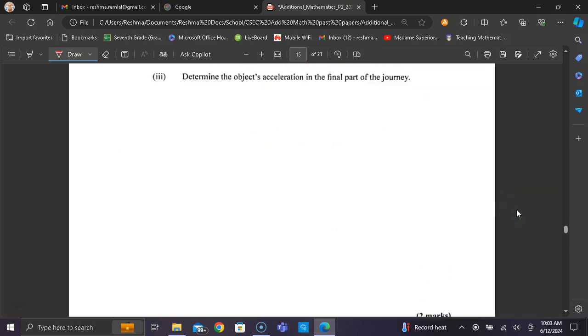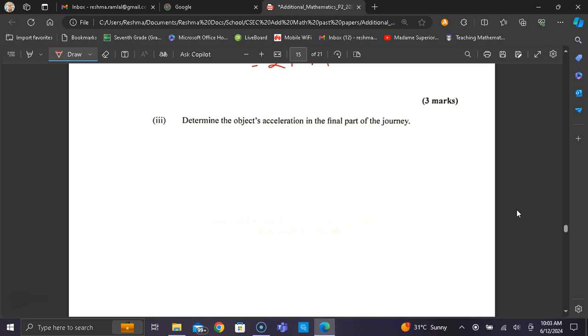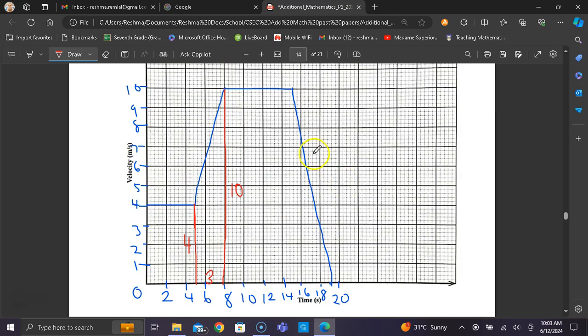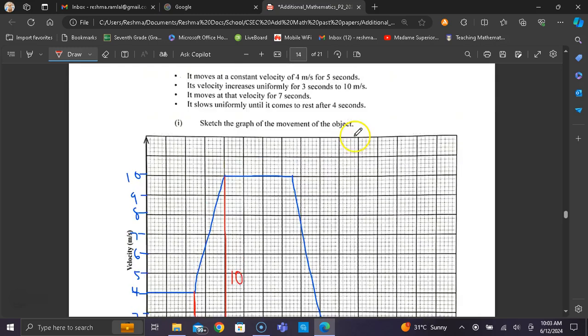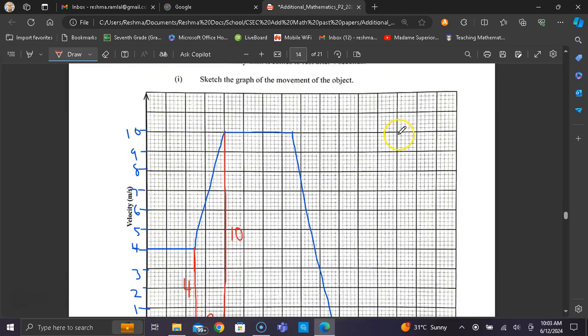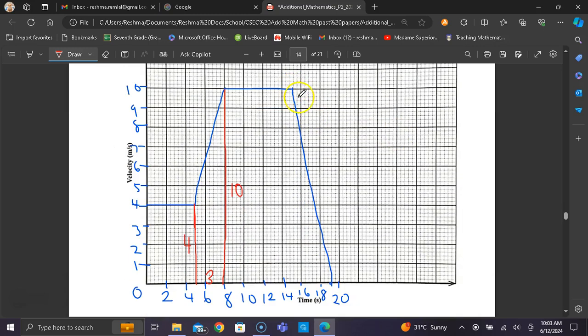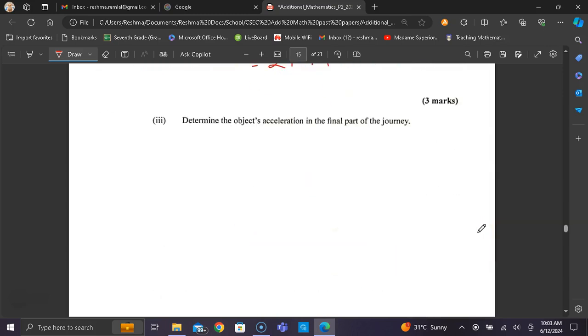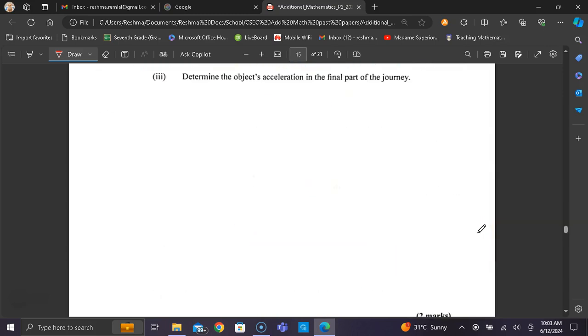So let's finish up part 3. For 2 marks, determine the object's acceleration in the final part of the journey. So the final part of the journey is when the object is slowing down over 4 seconds. It was traveling at 10 meters per second and it goes completely down to rest at 0 in 4 seconds. So we know acceleration is change in velocity over change in time.